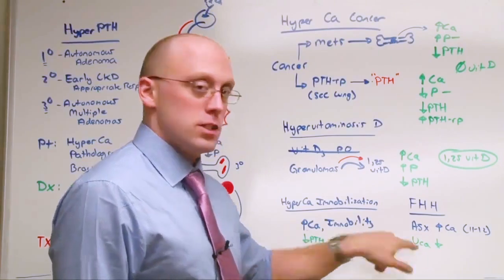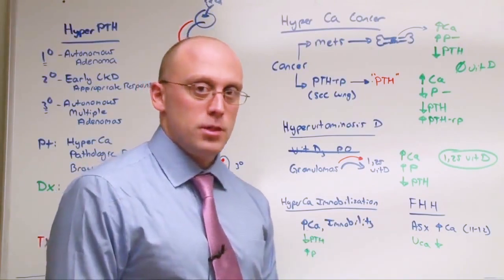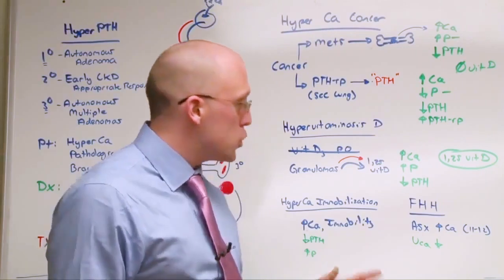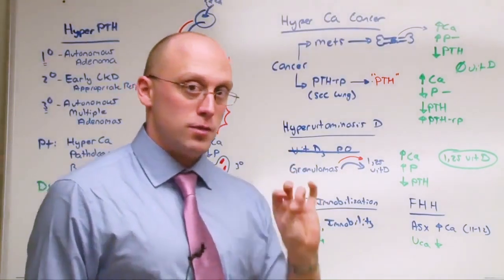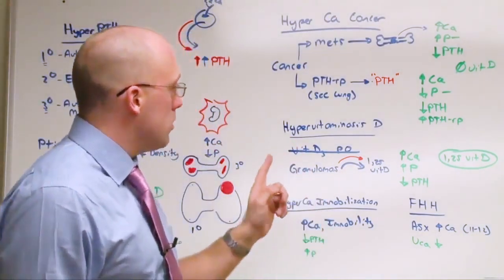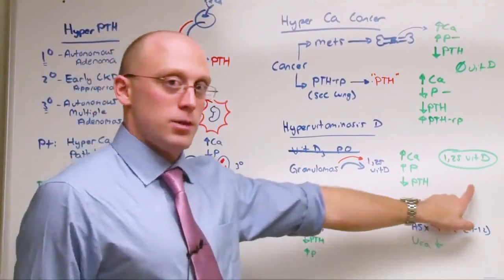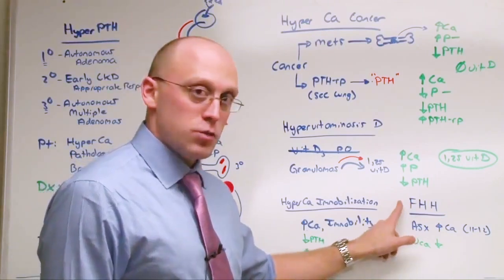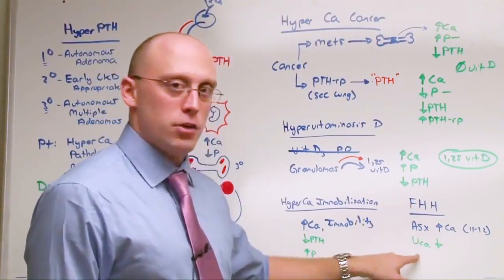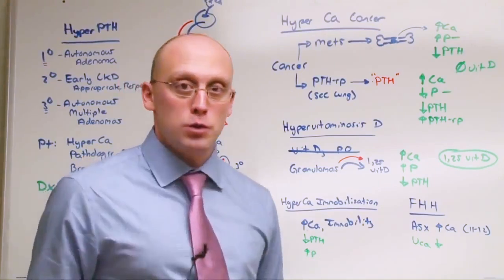These guys cause very little. So I want you to see that most of the answers obtained are gotten with a parathyroid hormone, calcium, and phosphorus. Every once in a while, granulomatous disease, get a vitamin D. Every once in a while, family history listed in the question, get a urine calcium. That's most of the calcium disorders.